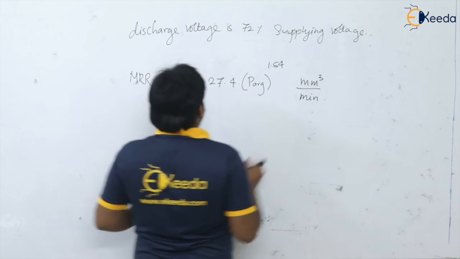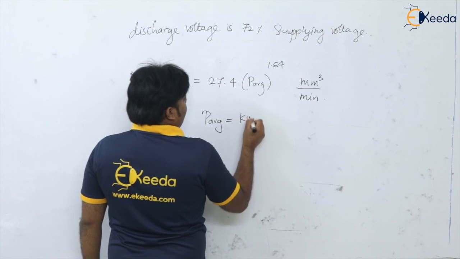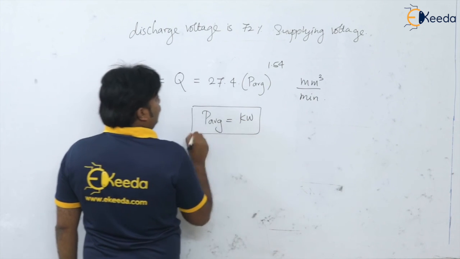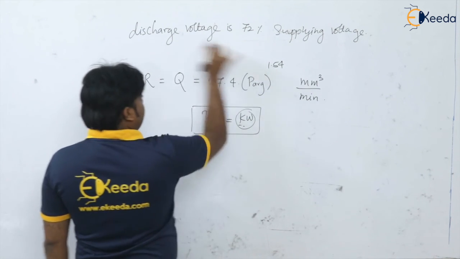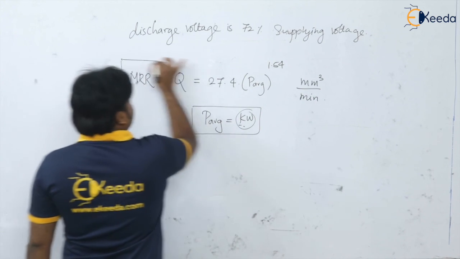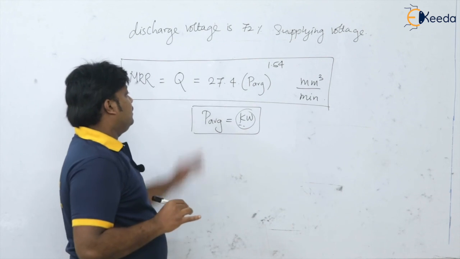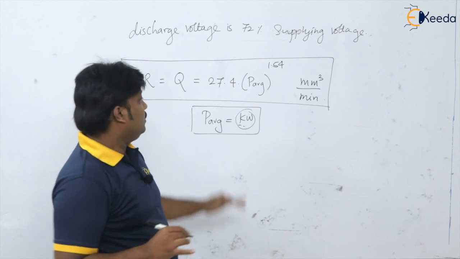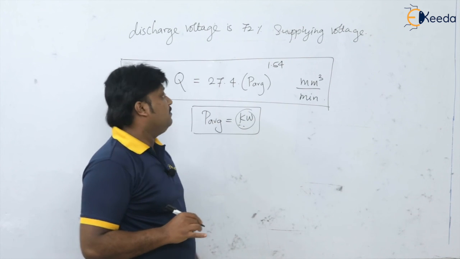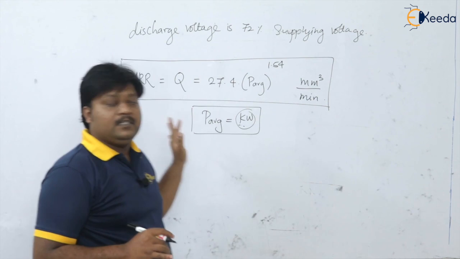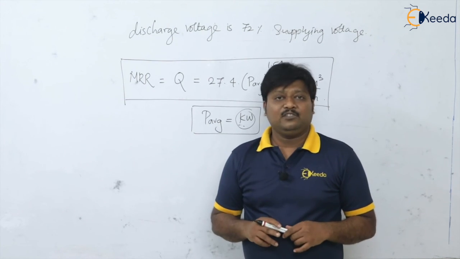And please remember that here this P average should be in kilowatts. You have to take the value of power here in kilowatts, and then you will get the material removal rate in electro discharge machining as 27.4 into power in kilowatts raised to 1.54. Okay, so based on that we will see the question in the next video. Thank you.